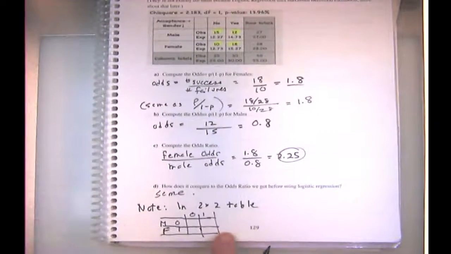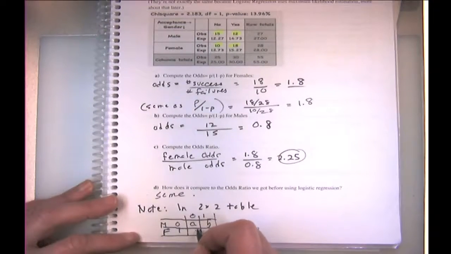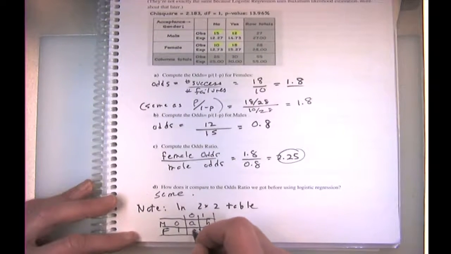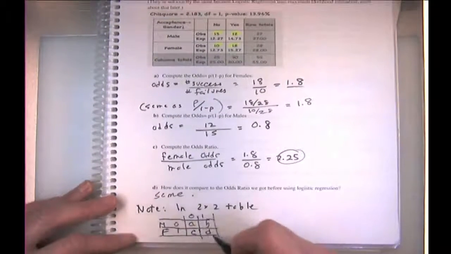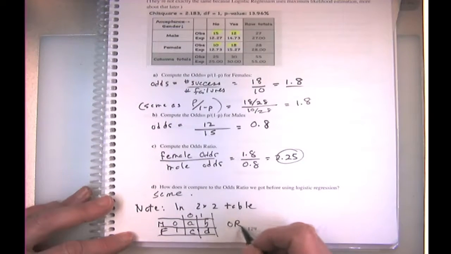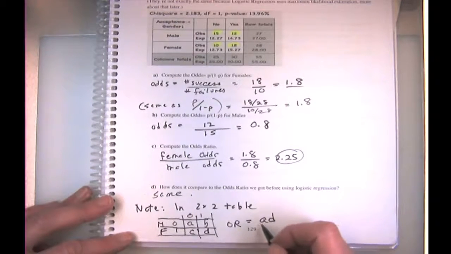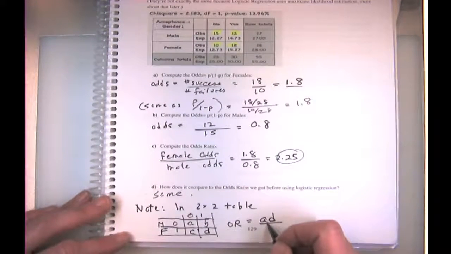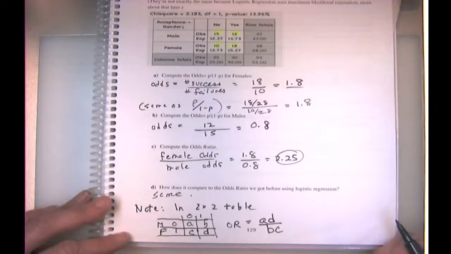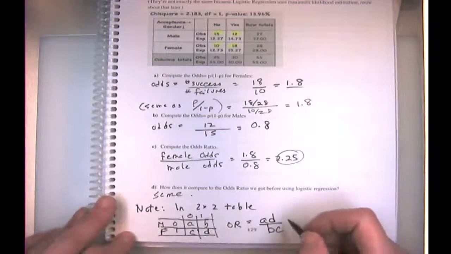And we just have 4 numbers in here. Let's call them A, B, C, and D. And you're told that the odds ratio is equal to AD over BC. You're just told that. This times this. But do you know why it's true?